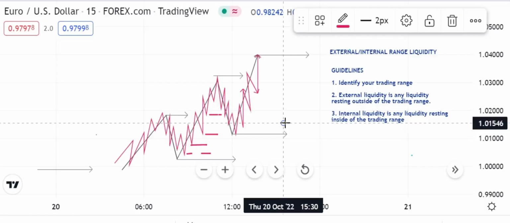All right, so that is the primary reason why price has to retrace, to take out the internal liquidity before going to its intended direction. Okay, I want you to understand that. So now you can see we have identified our trading range, we have identified what is known as external liquidity, and we have also determined what is called internal liquidity.